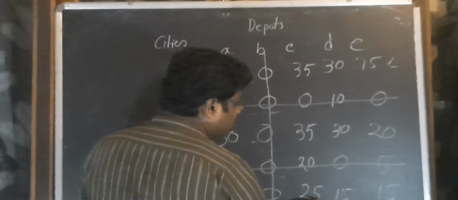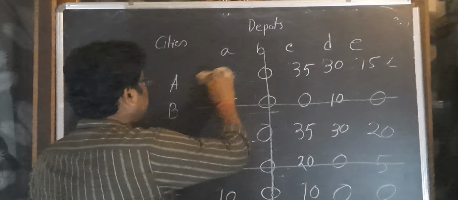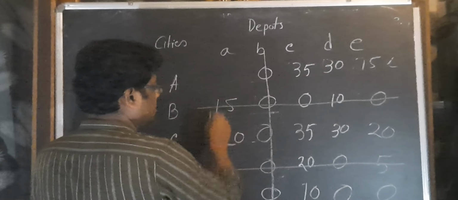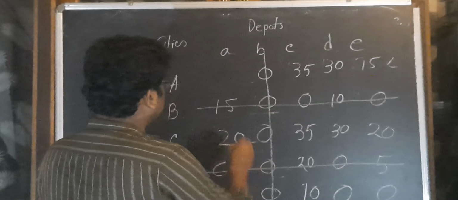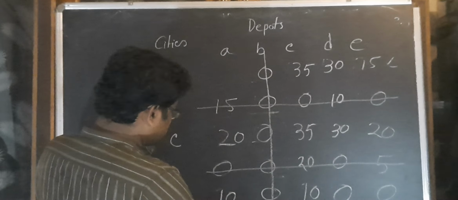So it will be 0, 0, 10, 10, 20, 20. I am subtracting 15, it will be 15.